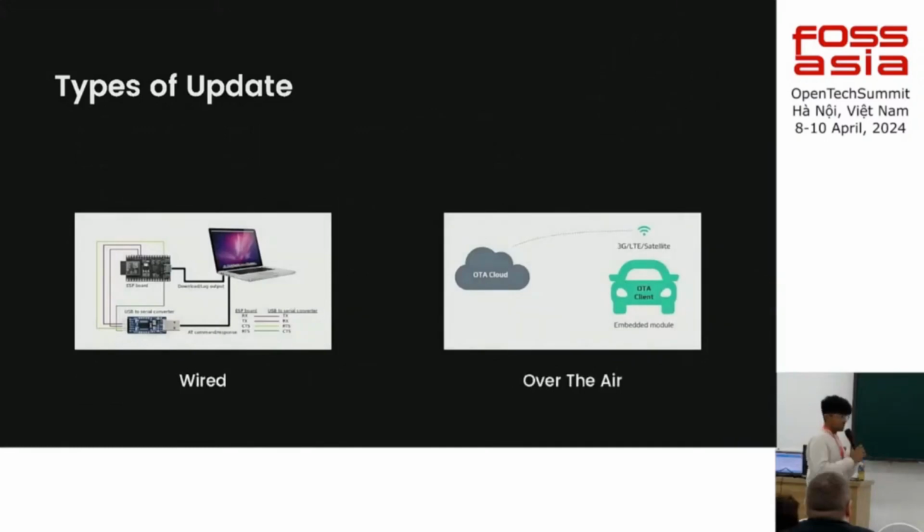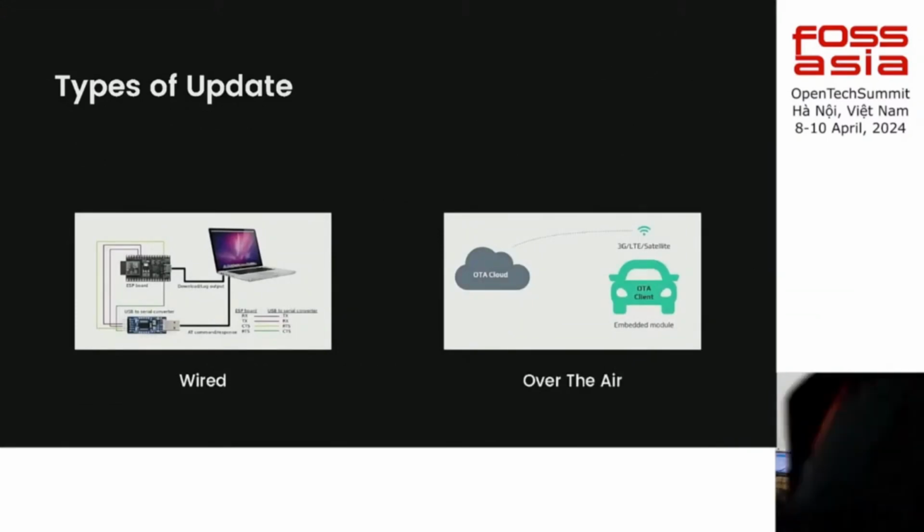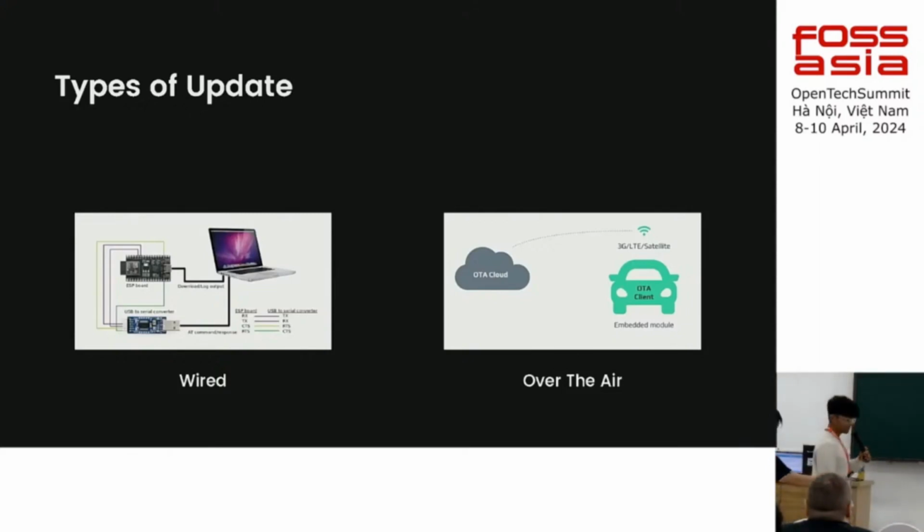Okay, so let's start. There are two types of updates, ways you can update your IoT. The first one is the wired method. Here you connect your IoT device using a physical link, which is USB in this case, and in the case of Arduino, it's some type of cable.